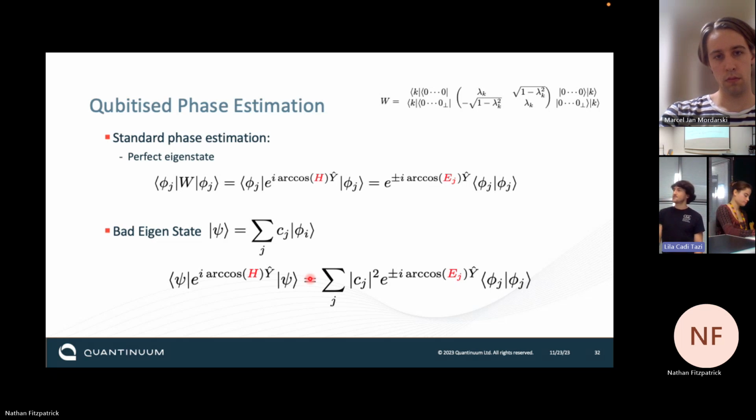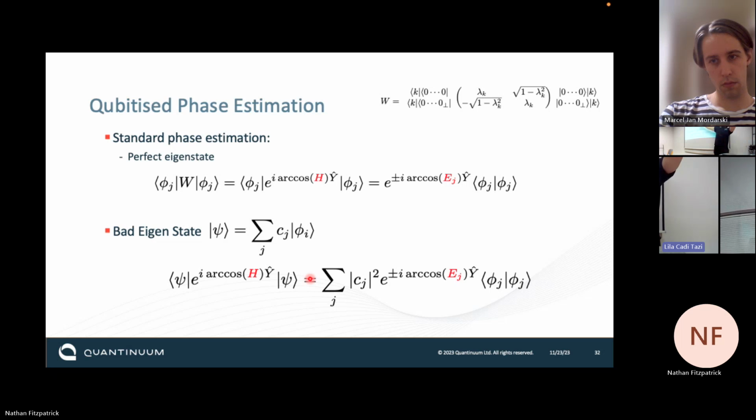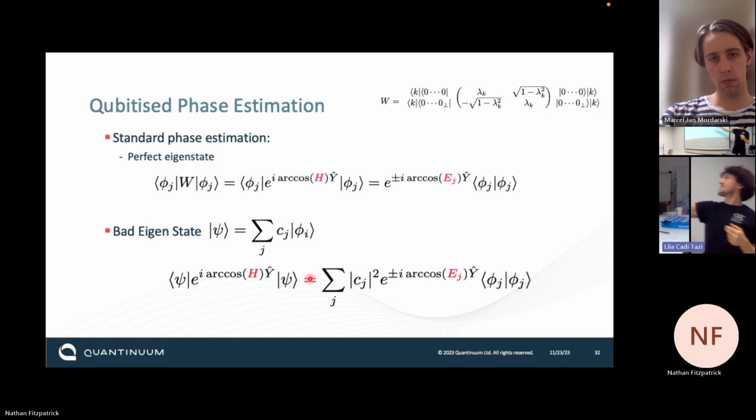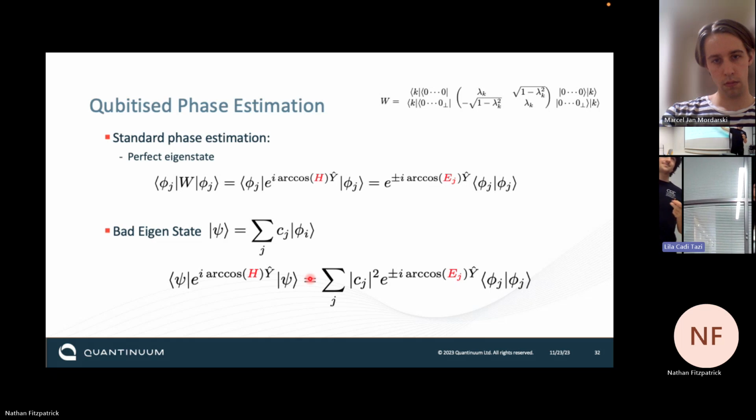In traditional phase estimation, this would be e to the iHt, and then when it's acting on the eigenbasis you get e to the iEt, of whatever eigenvalue. Exactly, yeah. It's exactly the same idea, but now we have this slightly more convoluted operator, but it still contains the eigenvalues here, so we can use these tricks.